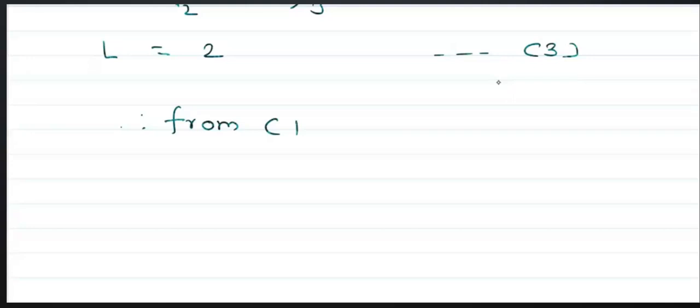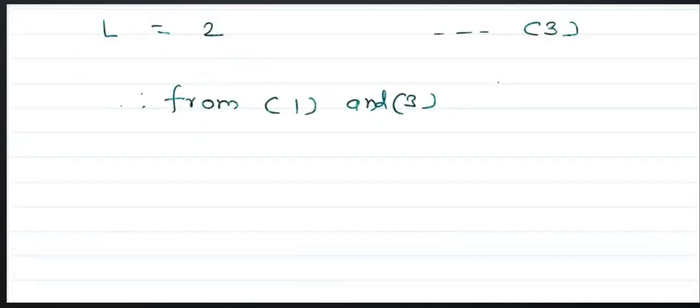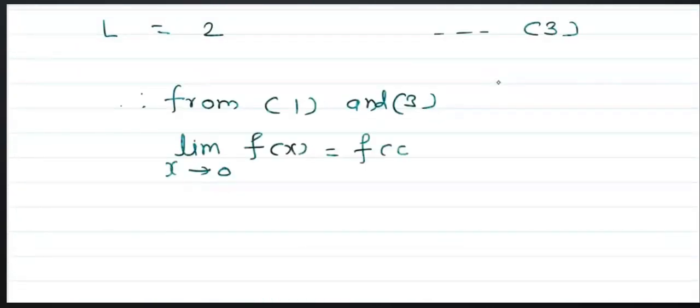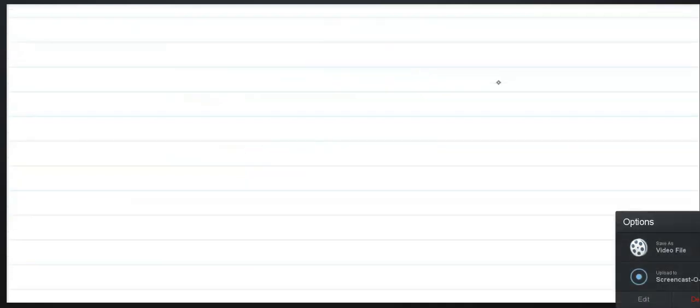Therefore, from 1 and 3, limit x tends to 0, f of x is equal to f of 0, and f is continuous at x equals 0. Again, we can see this.